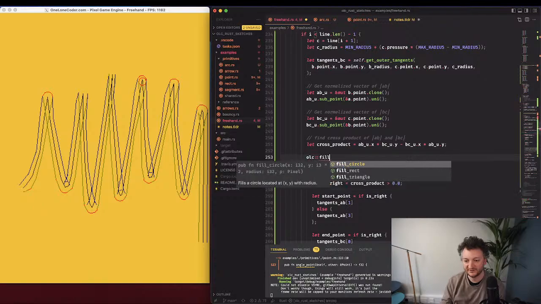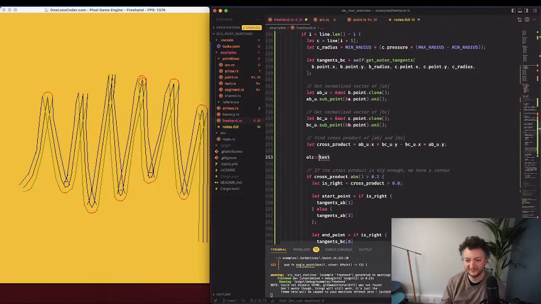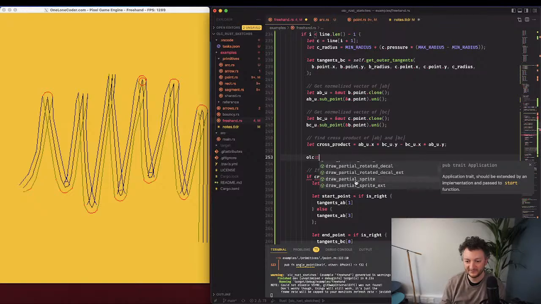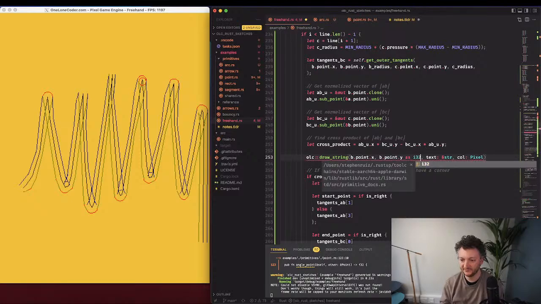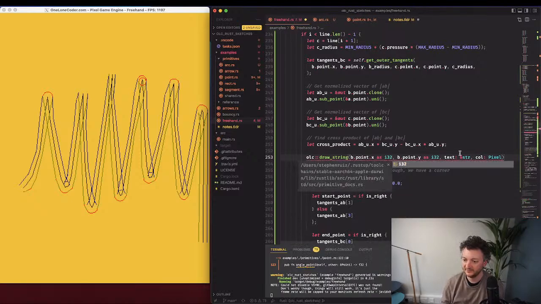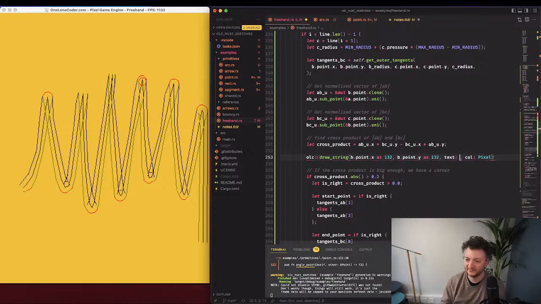OLC draw or fill text, something with text. I think we can do draw string at beta.point.x, beta.point.y as i32. And for the string, I want... oh, I don't even know how to do strings in Rust.